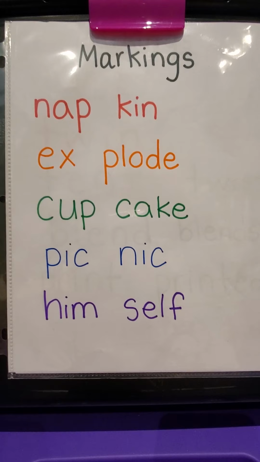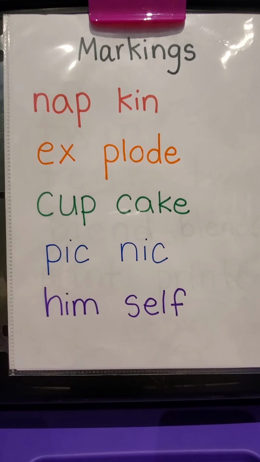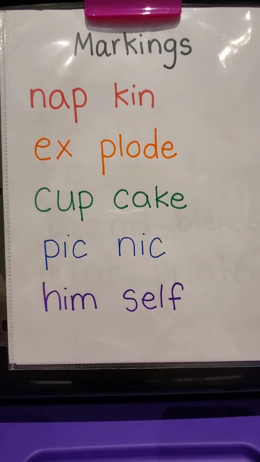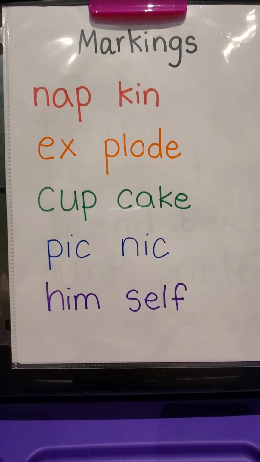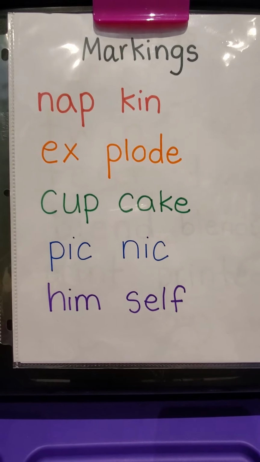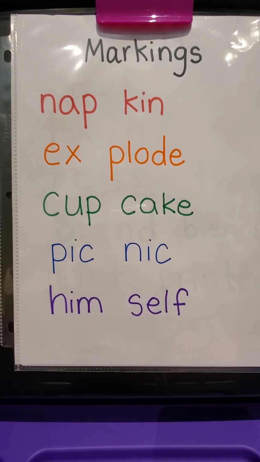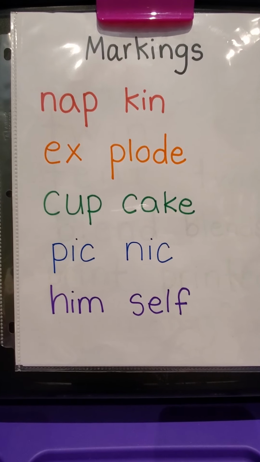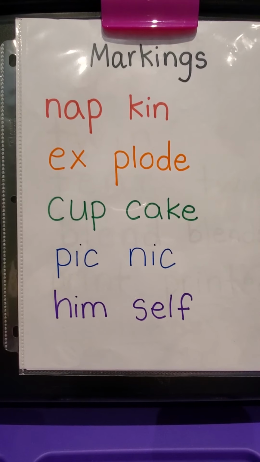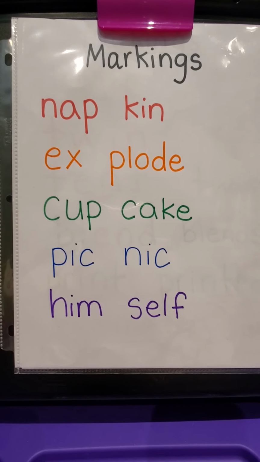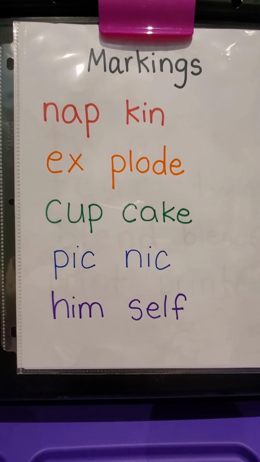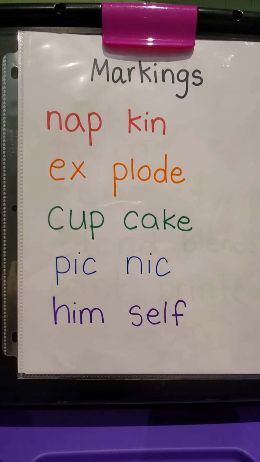And again, that's only when we're practicing Fundations, we're just writing the words. So, for example, if we were taking the test and I said, write the word napkin, you would write N-A-P, put a space, and then put K-I-N. So you put the first syllable, a space, and then the second syllable.